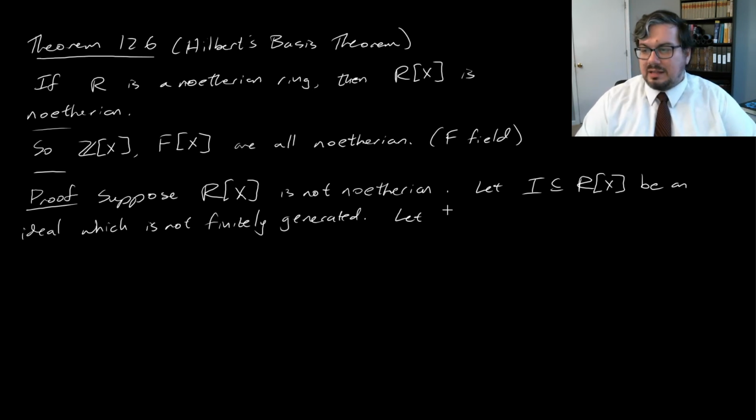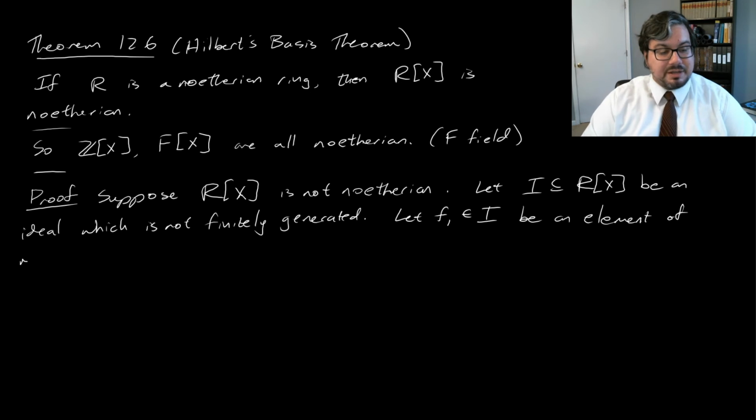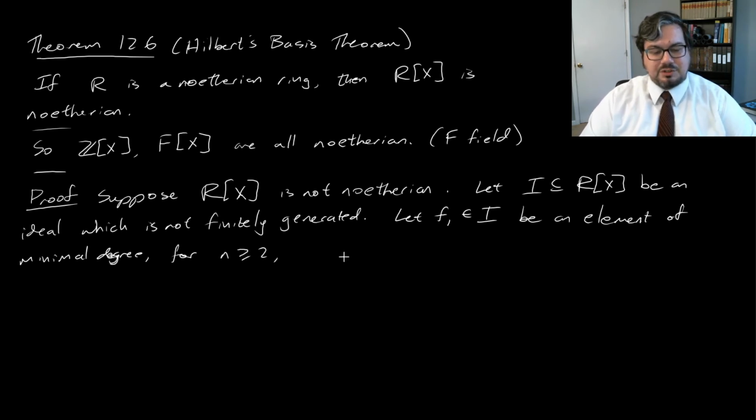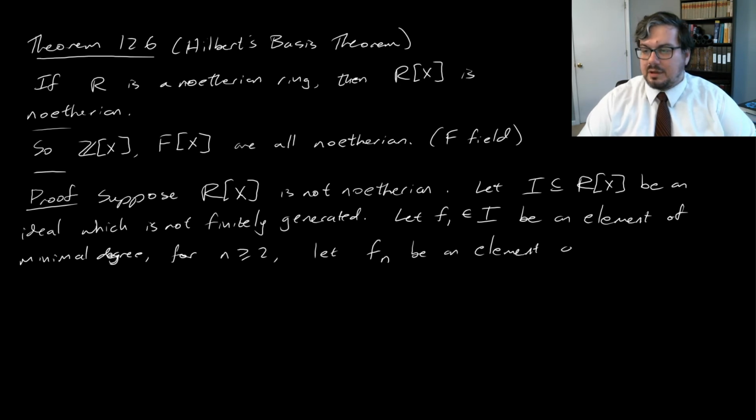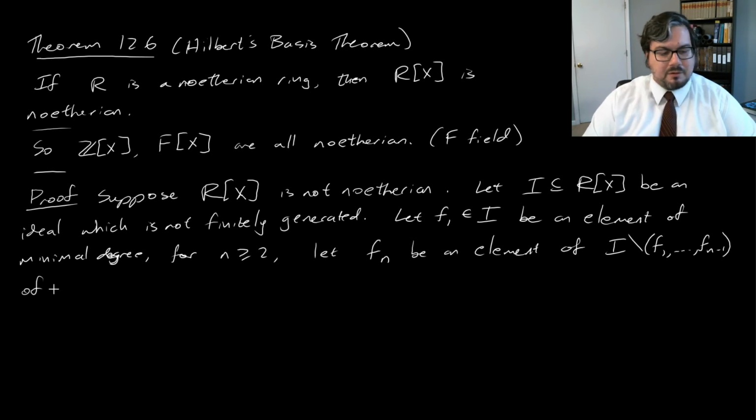So let's let F1 in I be an element of minimal degree, and for n greater than or equal to 2, let's let Fn be an element of I, but minus the ideal generated by F1 through Fn minus 1, of minimal degree.